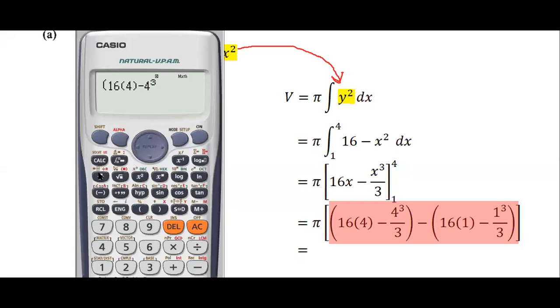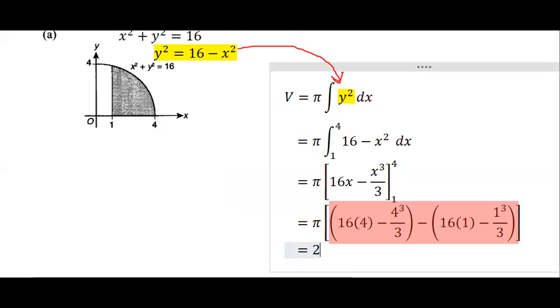Minus 4 cube per 3. Then minus 16 times 1 minus 1 cube per 3. 27. Okay, good. So answer is 27 pi unit cube.